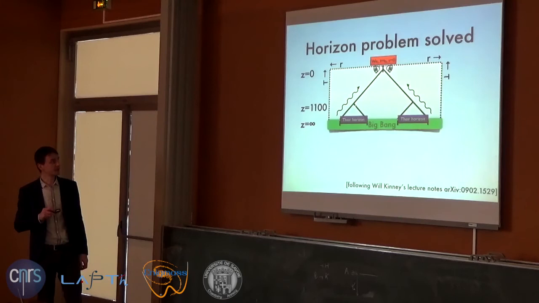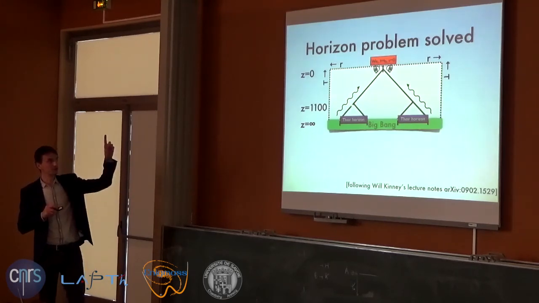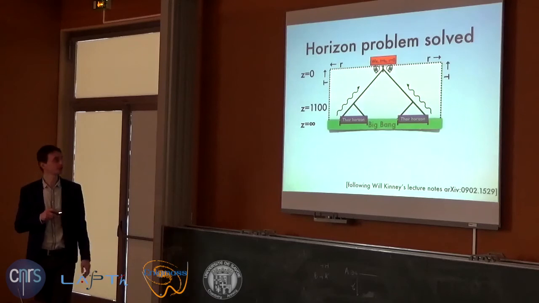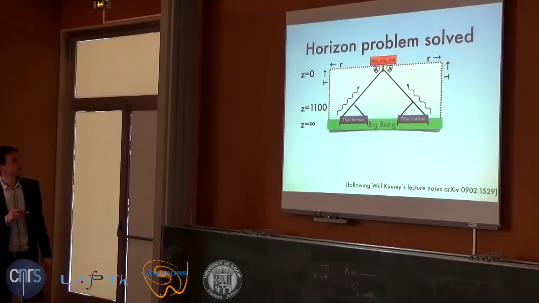For example, if this is the cosmic microwave background seen up from the North Pole, and this is the cosmic microwave background seen down from the South Pole, then you see two patches of the sky that have never been in causal contact. Yet they have the same temperature.